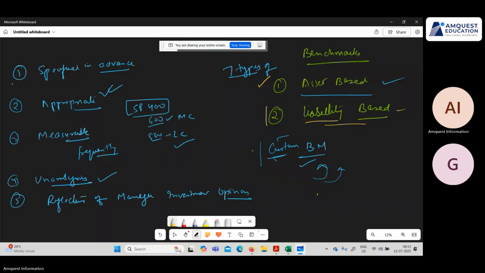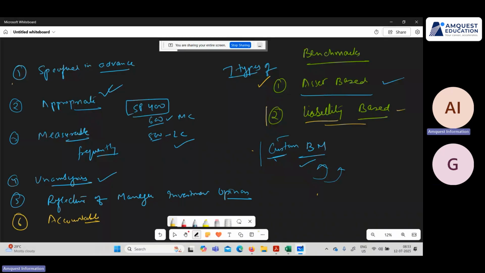Next is accountable. The manager should be held accountable for that benchmark, and the manager should say that this is the benchmark that I'm going to bet upon, and I'm going to make some active bets, and this will be my reference.